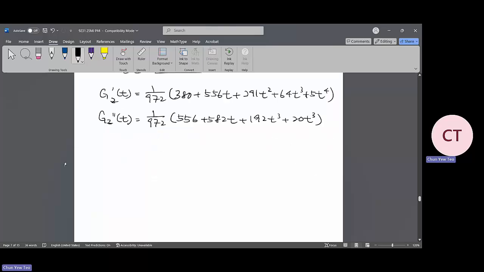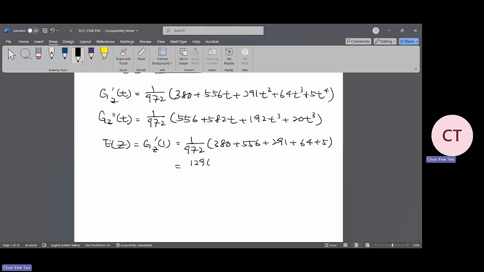Now we want to find E(Z), which is G prime of 1. So it will be 380 plus 556 plus 291 plus 64 plus 5. Press the calculator and you will get 1296 divided by 972, or you can simplify it to become 3.